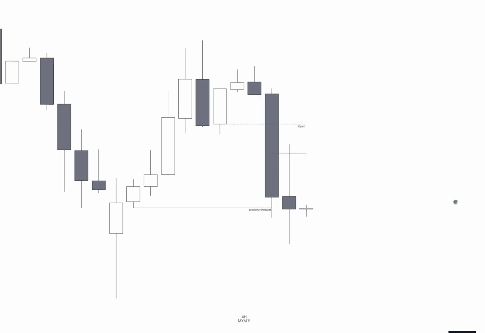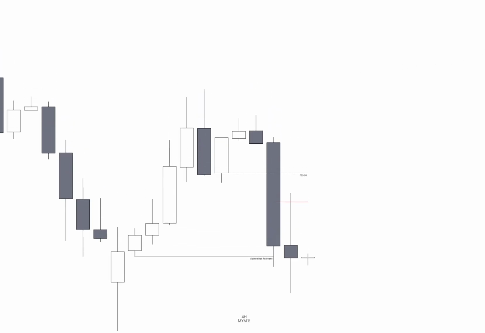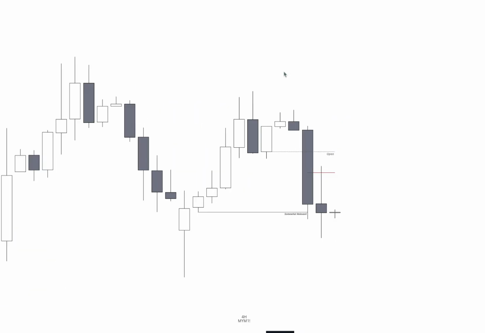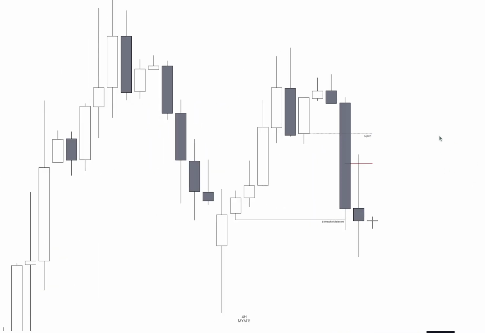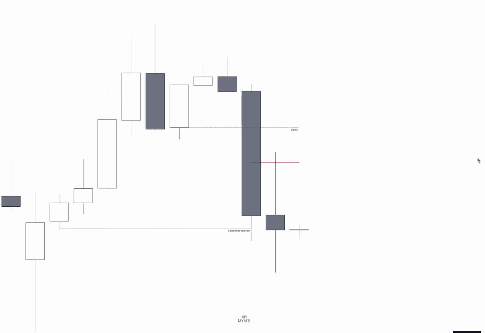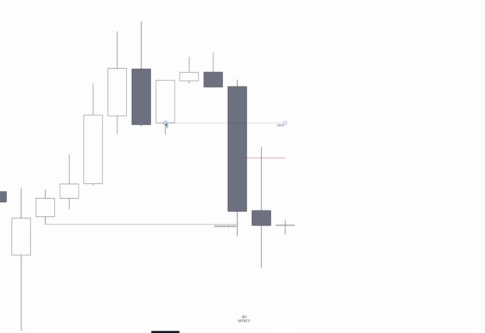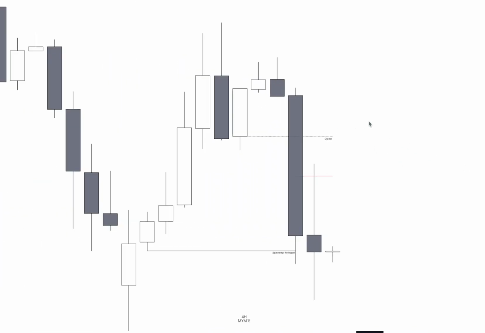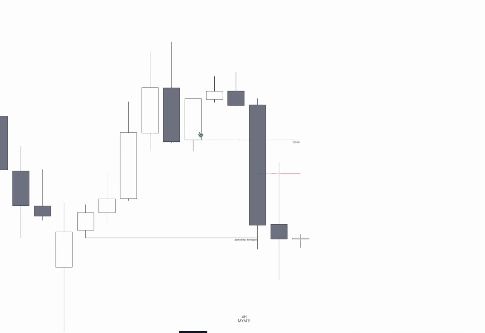Now, I'm not saying that because of the reaction I got here, I'm looking to trade it all the way down here, but I am looking for a reaction, and the reaction was what I traded. Here we have an open high low. That is not the profile that I was looking for initially.